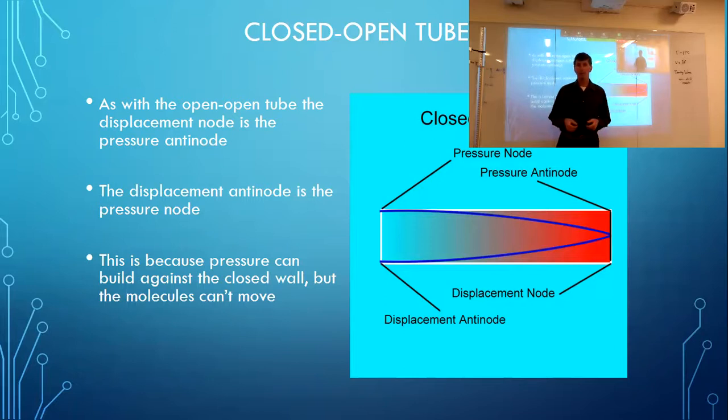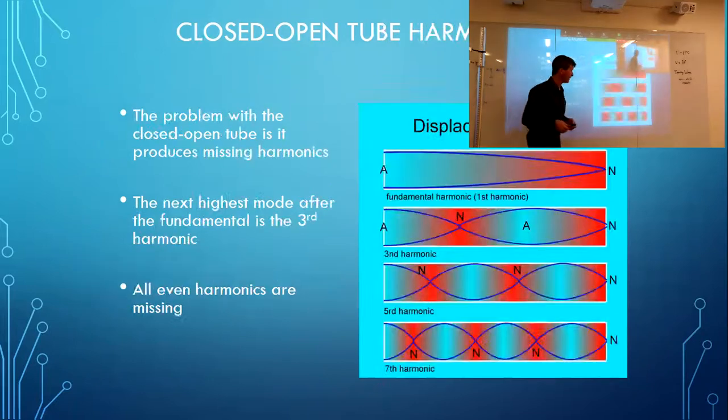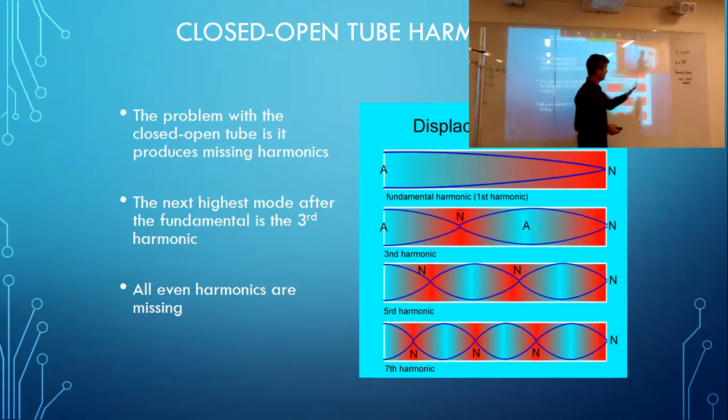So what kind of options do we have for standing waves? Well, if we have an antinode at the open end and a node at the closed end, we can simply have our lowest frequency, our fundamental, be antinode-node, where the length of the tube is 1/4 that of the wavelength.